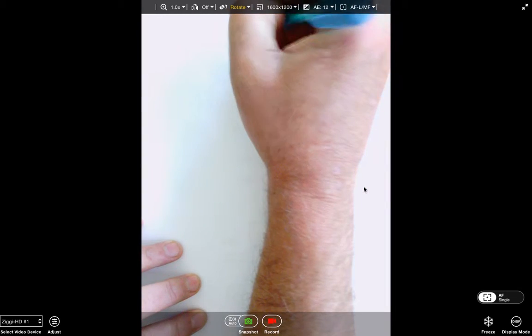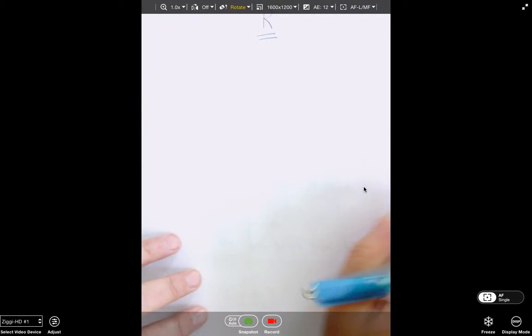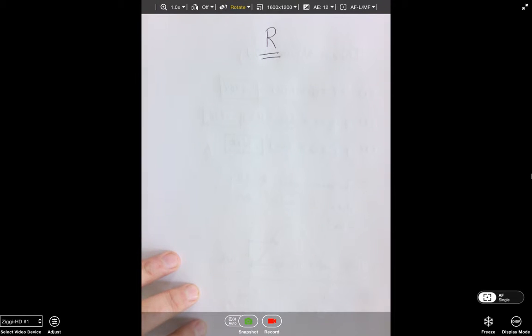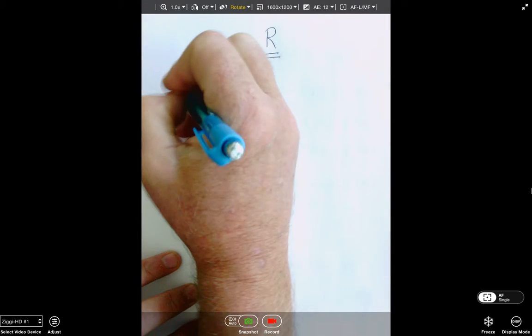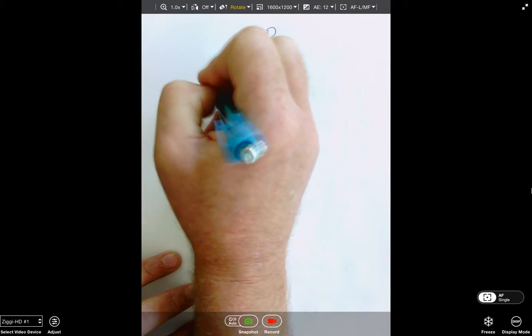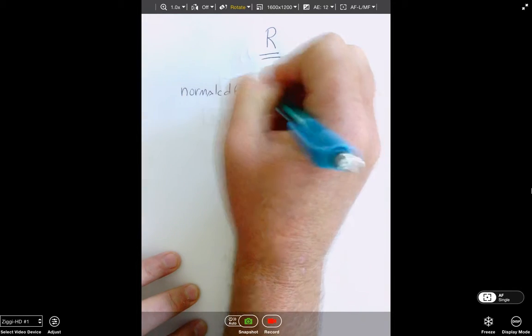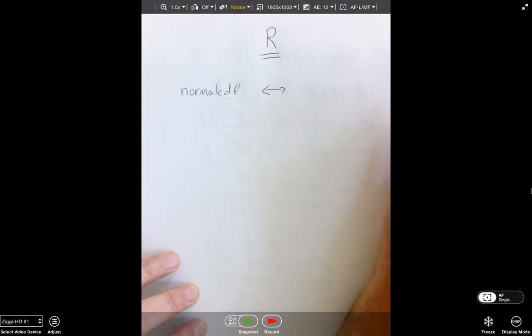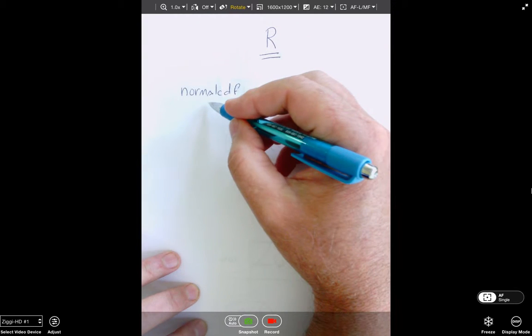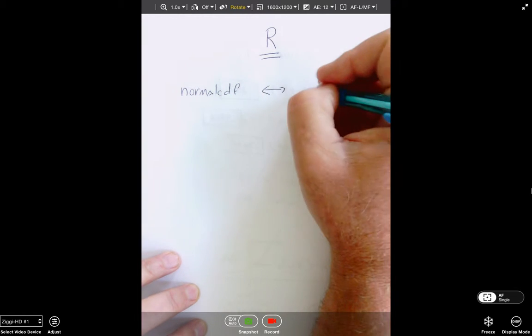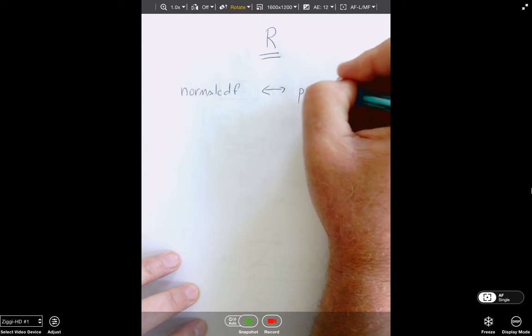When we're on R, these types of problems are worked with two commands. The normal CDF equivalent on the TI calculator is p-norm.